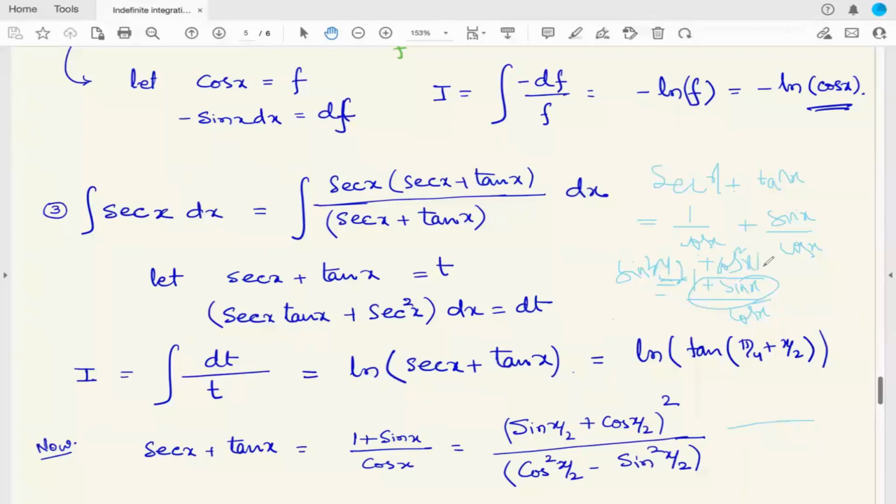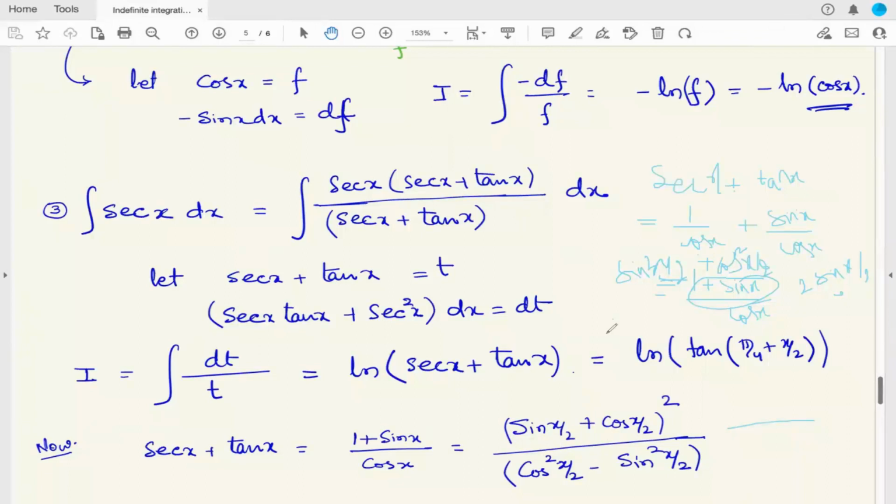We can write sin x as 2 sin x by 2 cos x by 2, by the basic trigonometric formula of sin 2x. So we write it as (sin x by 2 plus cos x by 2) whole square.